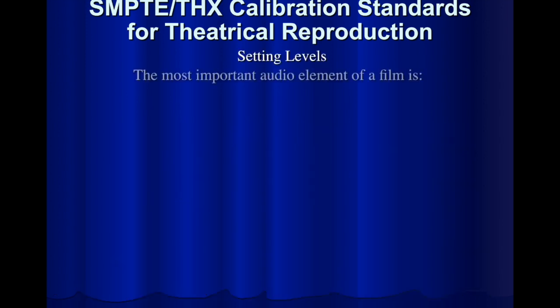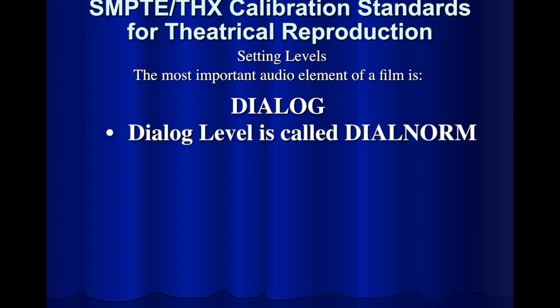Setting levels once again. As we said previously, the most important audio element of a film is dialogue. But there's three different ways of using the term dial norm in our world.